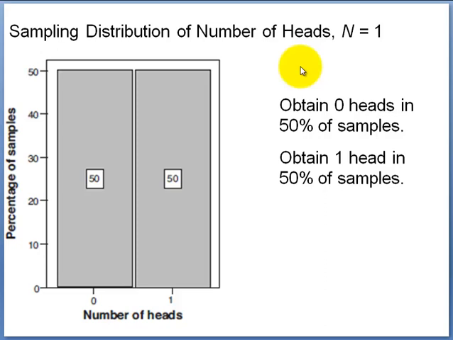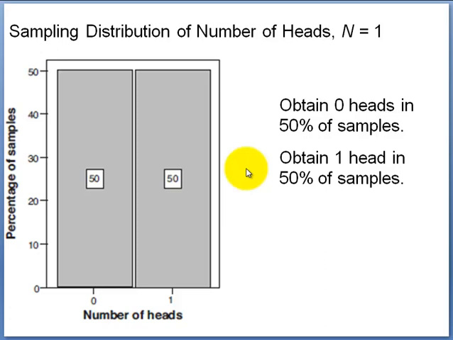And we need to repeat that process infinitely according to theory. But an unbiased coin comes up heads 50% of the time, so that in the long run, that is, if we tossed the coin an infinite number of times, we would get 0 heads in 50% of samples, and we would get 1 head in 50% of samples.